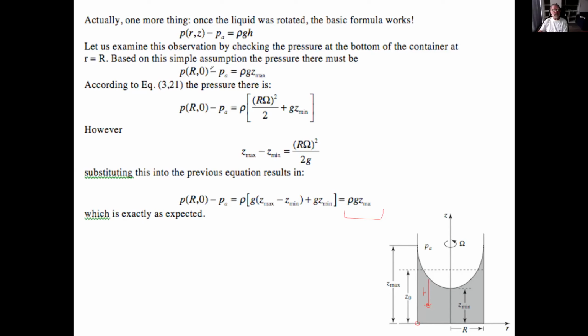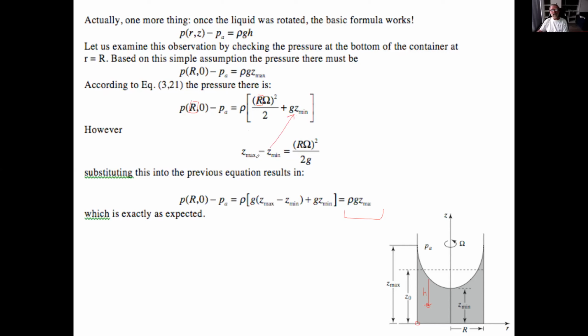So the pressure at capital R, remember, that's at the outer, the maximum radius. All I did is where there was little r, we put the capital R here. And this is the case. And then we just take this thing, we take that, and then we substitute Z minimum from here to here.